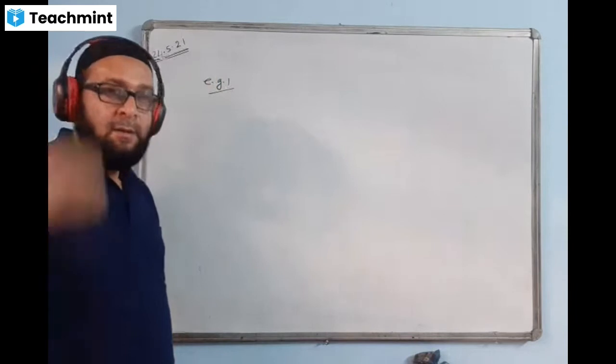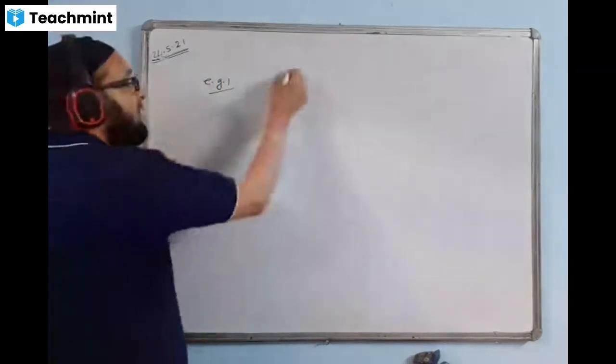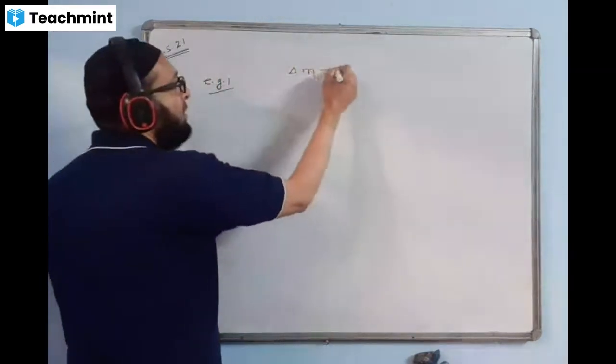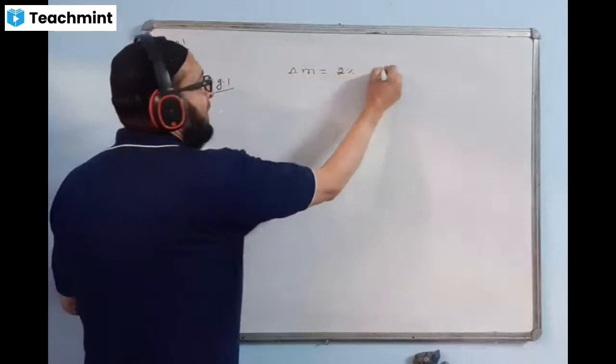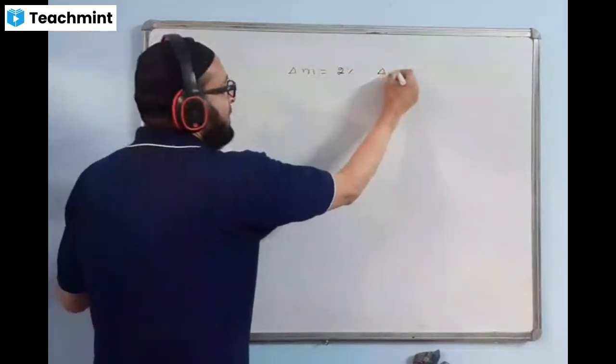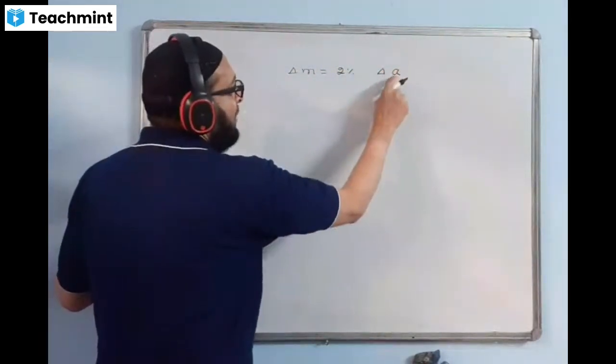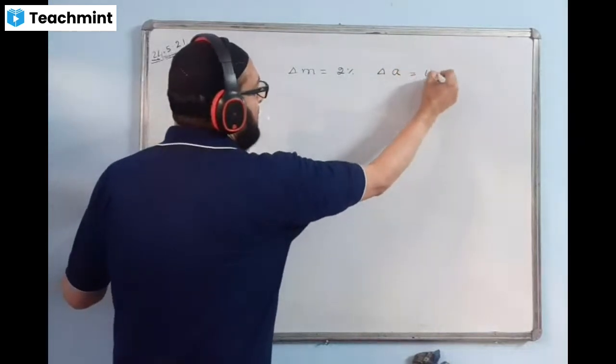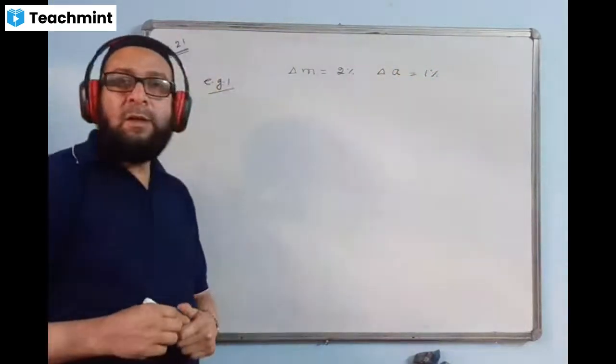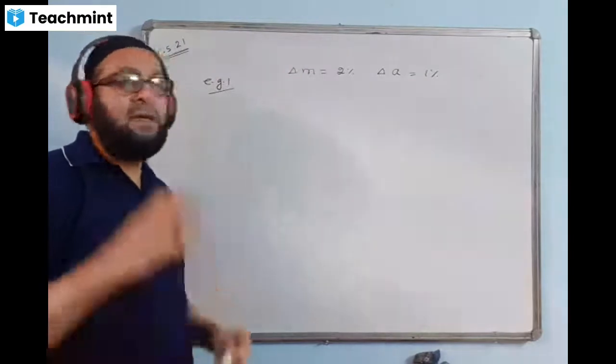If the error in the mass of a cube is 2% and the error in the side of the cube, I take a, is 1%, what is the error in the density of the cube?